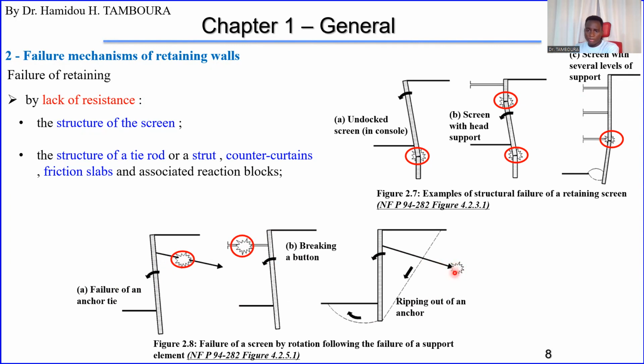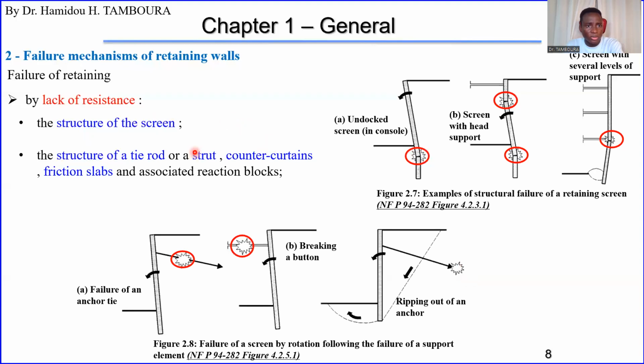So around here, the ground around the anchor is becoming loose, so no resistance anymore. Okay. So this is another category that may lead to the failure of your retaining wall.